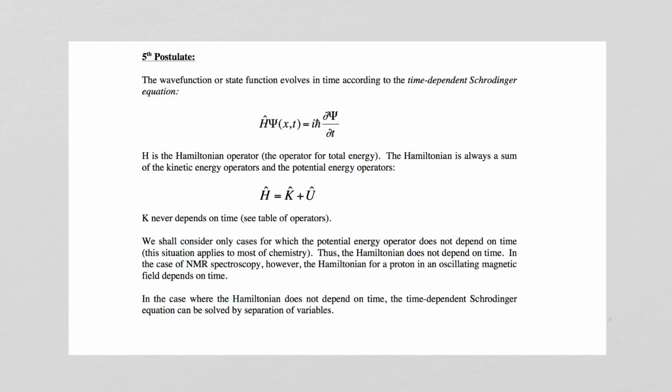That simplifies things a lot for us. When you get to grad school, you'll spend a lot more time looking at the time-dependent version of the equation. But we'll simplify things as we start out and just focus on time-independent systems.